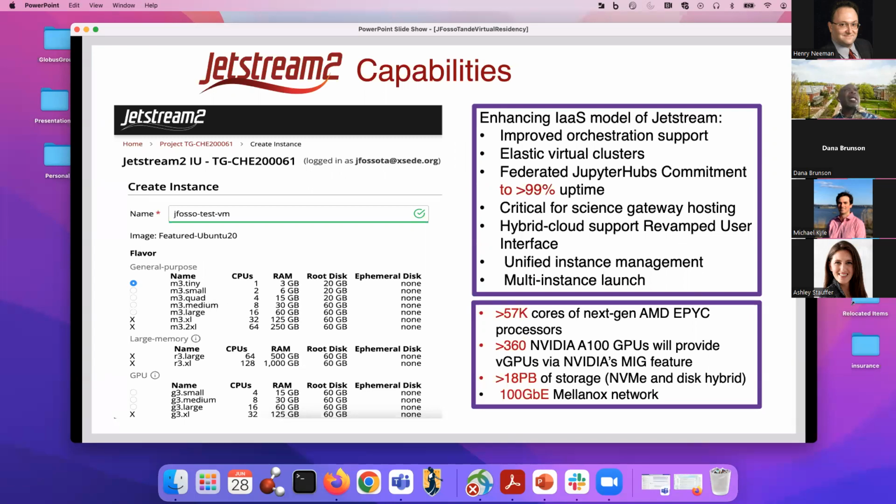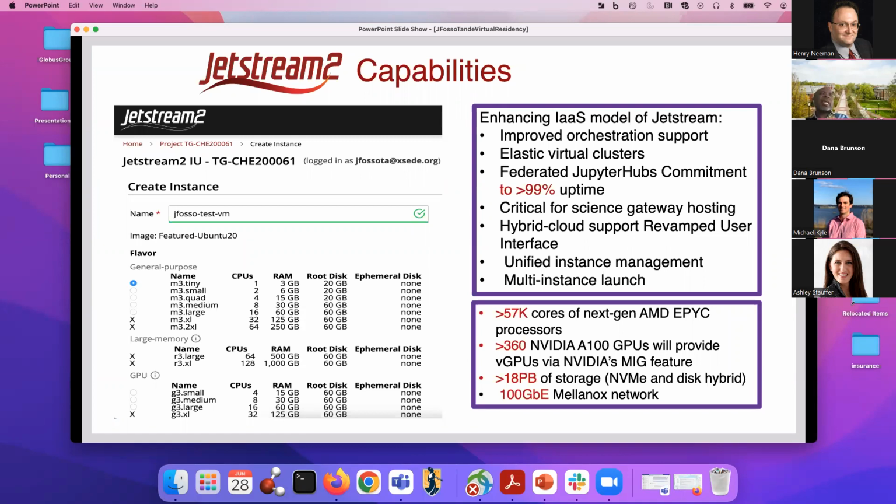JetStream is mainly set up to enhance infrastructure as a service. It improves orchestration, supports elastic virtual clusters, as well as federated JupyterHub, with a commitment to 99% uptime, which is really good and critical for Science Gateway hosting.